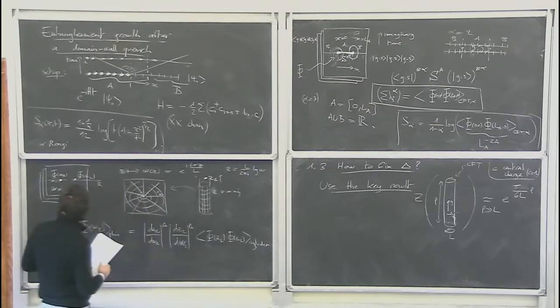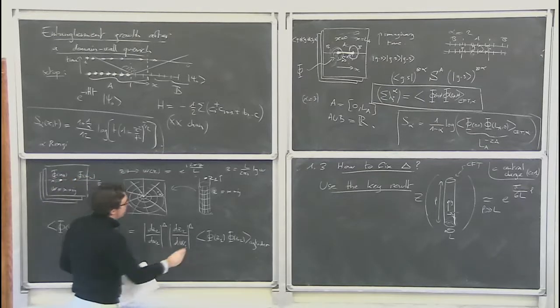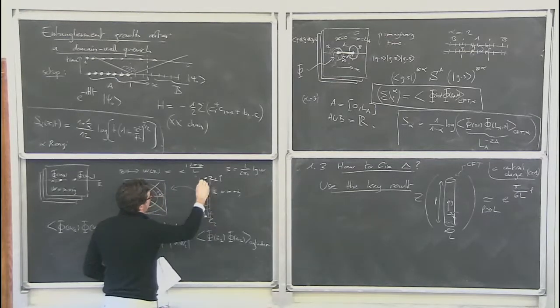Similarly, as I move the point W2 to the right, the point Z2, which lives on the cylinder, is going to be at the bottom here.